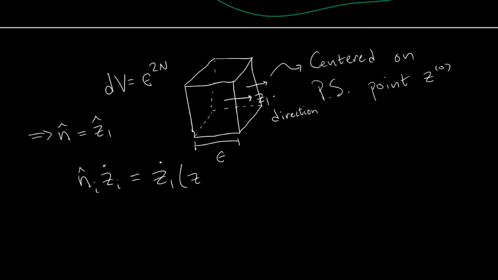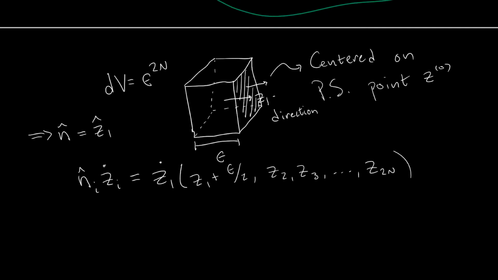I'll just call this z sub L. But if I'm just restricting myself to looking at what's happening on this face here, then I'm going to end up fixing where I'm at in the z1 direction. Right, so I'm fixing myself to be at z1 plus epsilon over 2, and then z2, z3, all the way up to z sub 2n.